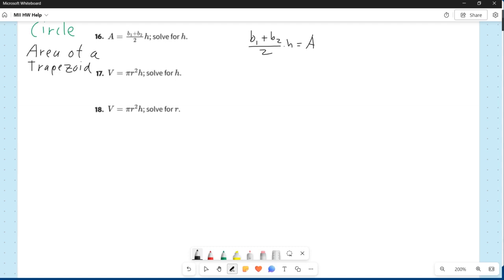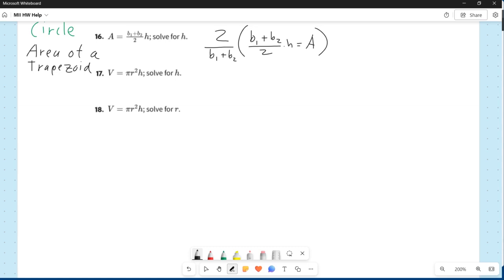So if you want to get rid of it, which is what we want to do, right? Because we want to get H by itself. If you want to get rid of a fraction that is being multiplied by something, a handy trick is to multiply by the reciprocal of that fraction. So again, we're trying to get H by itself, and it's clearly not by itself.